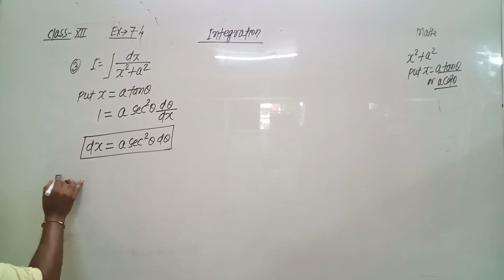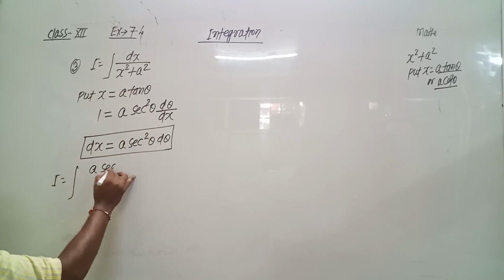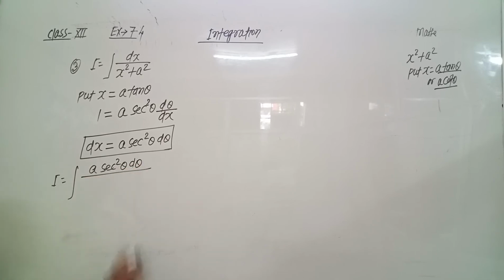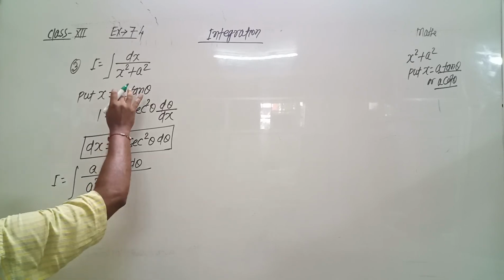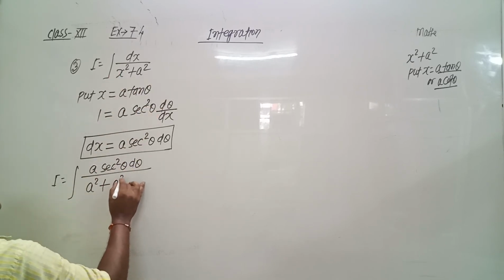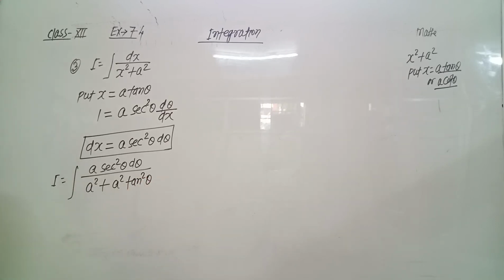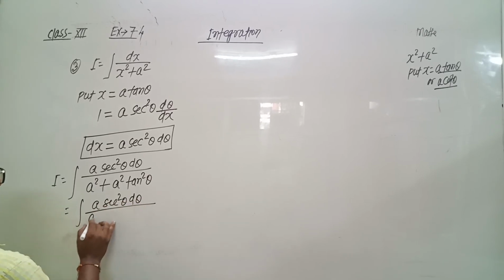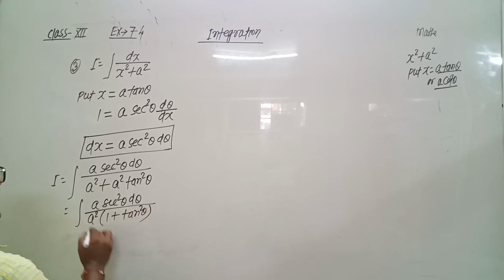So I equals integration of dx, and dx is written as a sec square theta d theta upon x square plus a square. So a square as it is, and this x square is written as a square tan square theta. From the denominator a square is taken common, so we get 1 plus tan square theta.